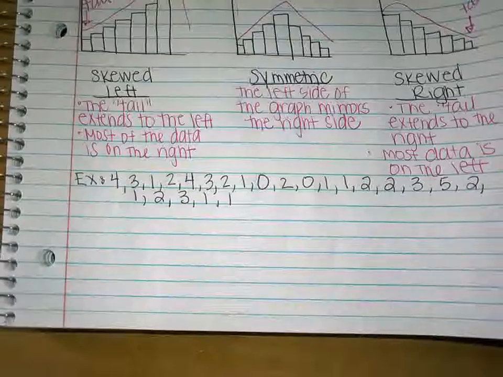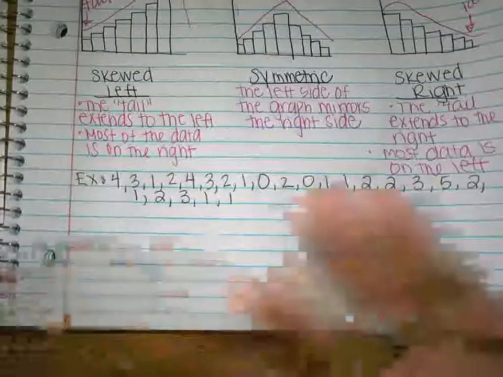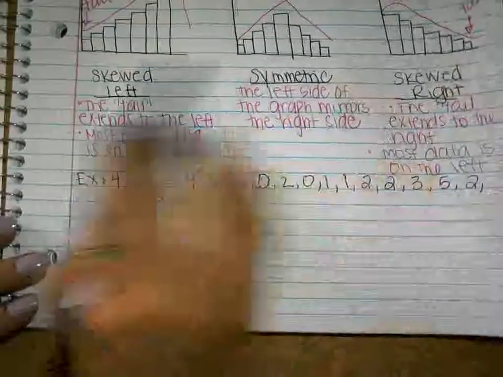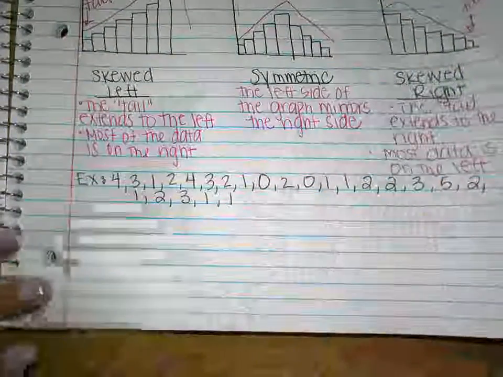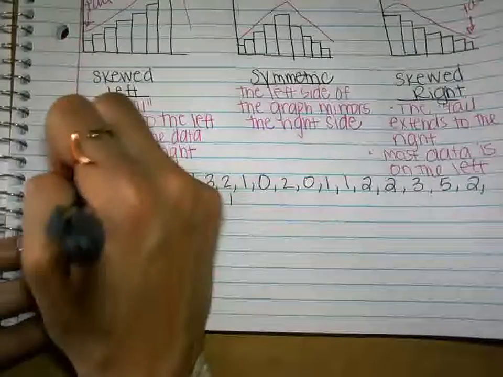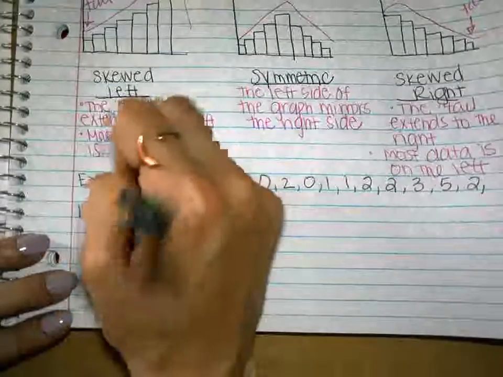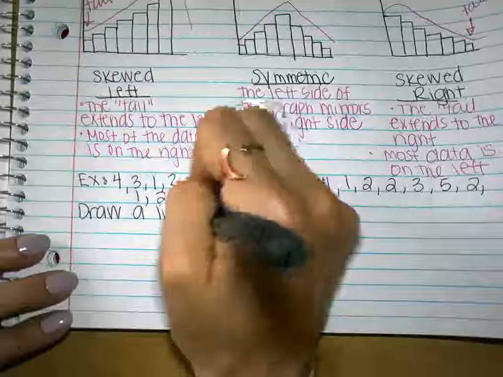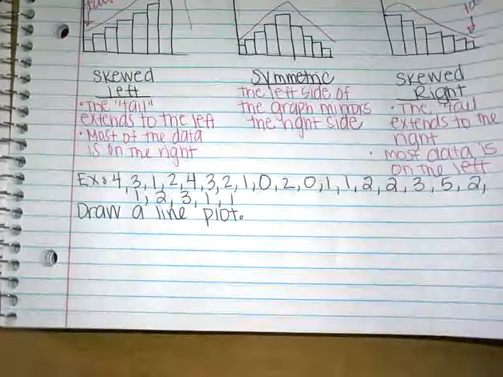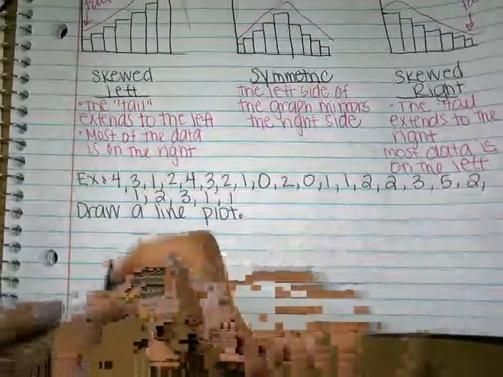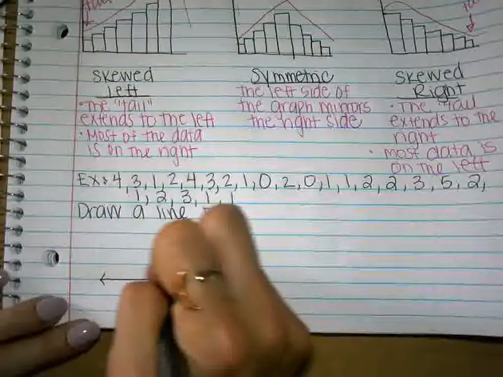So you'll be given a set of numbers and they're going to ask you either to draw a line plot or to draw a histogram. Either one. Our examples are in histograms, but we can do them in line plots as well. So I'm going to say draw a line plot. That means we need to draw a number line.